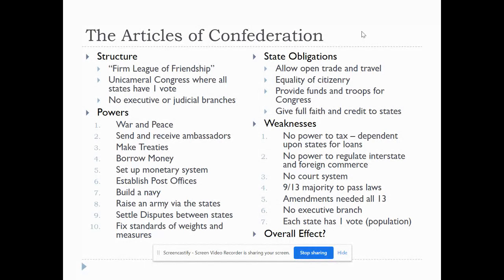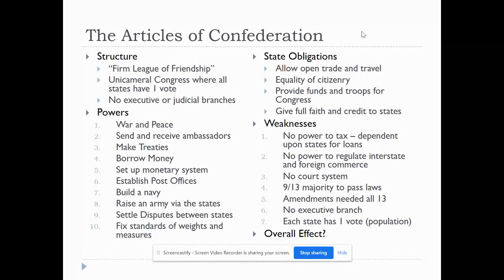They've formed together to handle their economic issues, their political issues, if you will, as a group of friends. But what is the concern? Firm league of friendship doesn't mean that they're truly unified. Friends can turn on each other. Friends can decide, you know what, that's not how we're going to operate in this. So there is some issue with the formation of a confederation because it's way too loose.